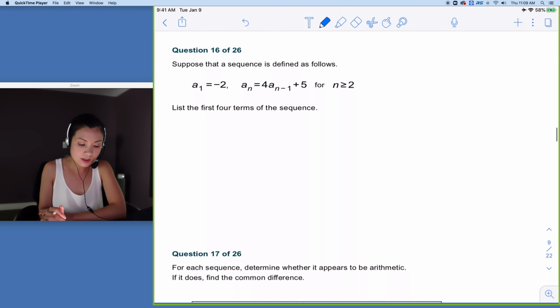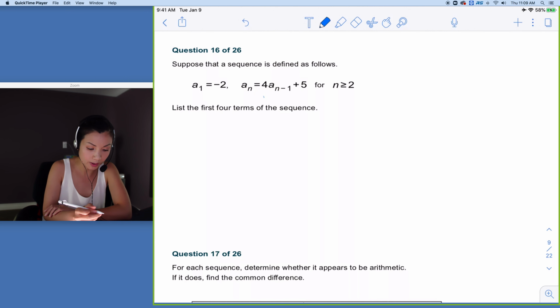All right, so you see right here we have this sequence. Really, you're going to have to do it one by one. So you're going to have to go in order, because what they have is a_n defined by a_(n minus 1). So we have to do it one by one. So a1 is given, so I'm going to do a2. a2 is going to be 4 times a1, because it's 2 minus 1, plus 5.